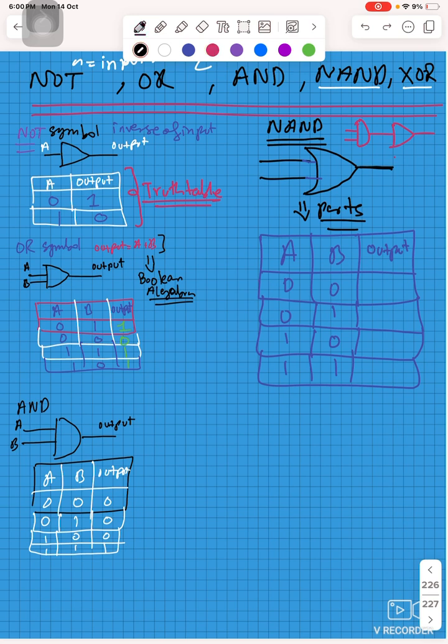The AND of 0 0 is 0, but NOT turns it into 1. Then 0 1 is again 0 for AND, because both must be 1 to get 1, so NOT gives 1. Same for 1 0. And 1 1 is 1 for AND, so NOT gives 0.